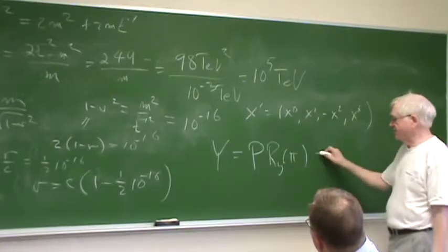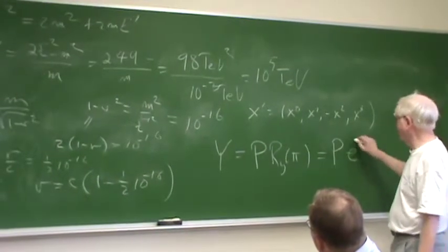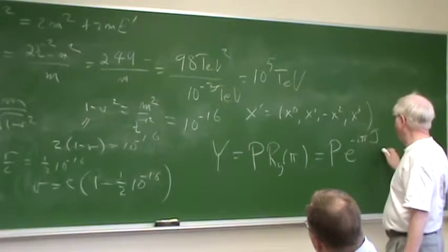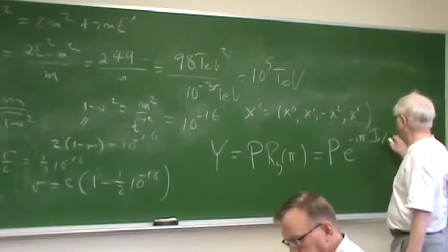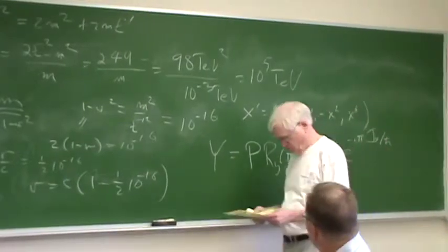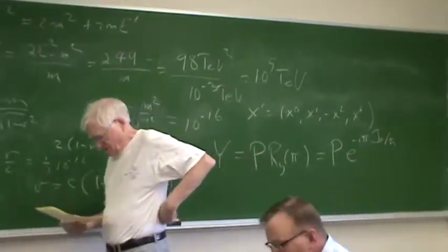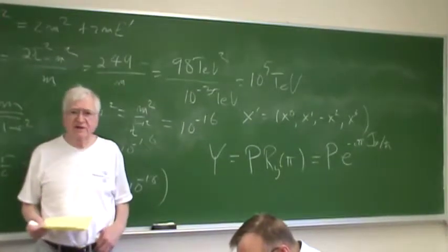So this is that. And this rotation, by the way, is parity times e to the minus i pi J2 or Jy over h bar, if we want to put in the crazy unit for the h bar. All right, any questions?